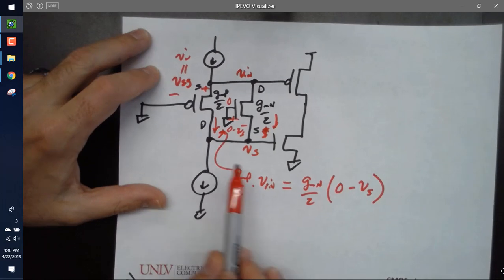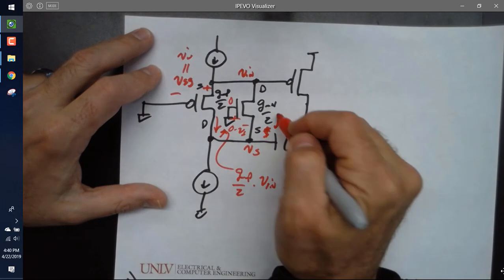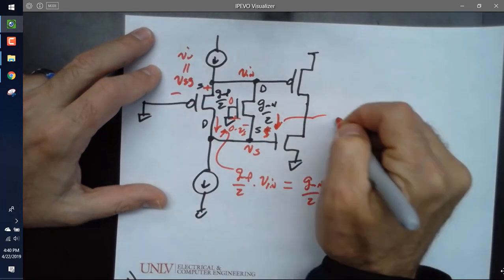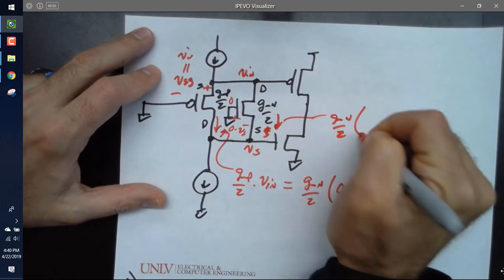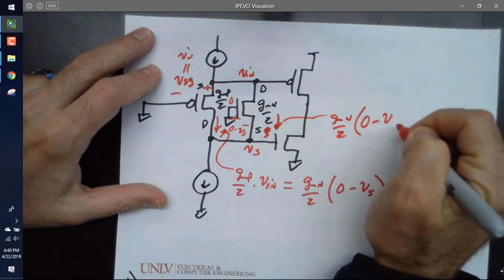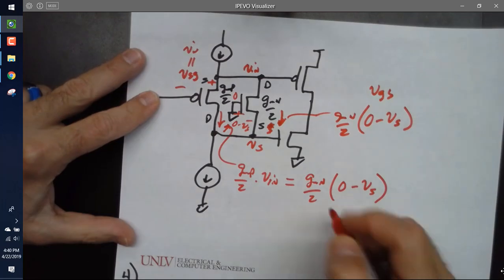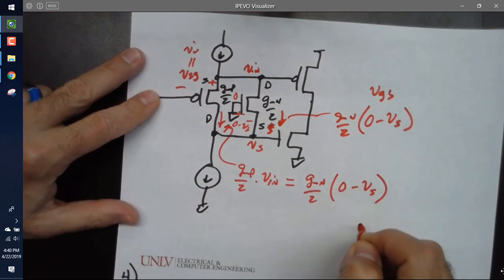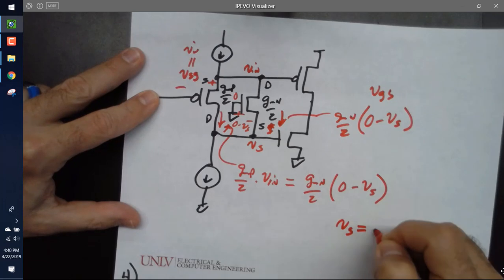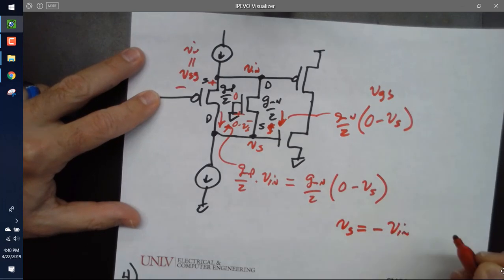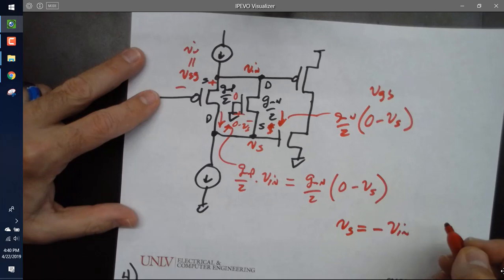Yeah, so this would be for the current flowing down. This current would be GM over 2 times 0 minus Vs, where this is VGS. And then that means Vs is equal to, correct?